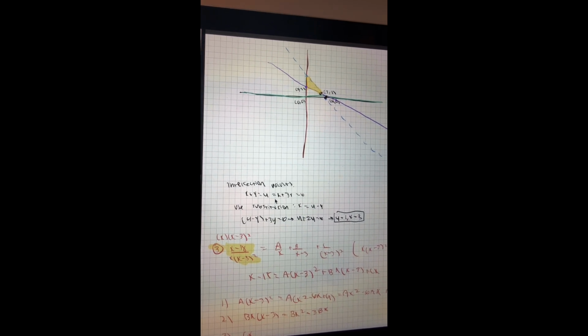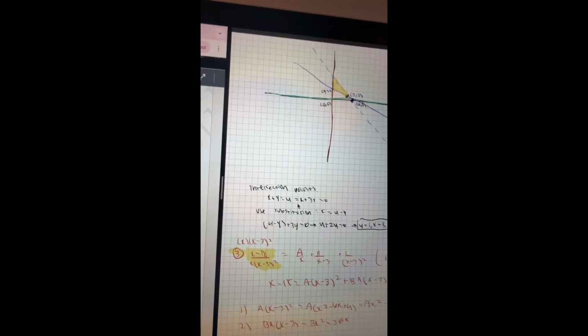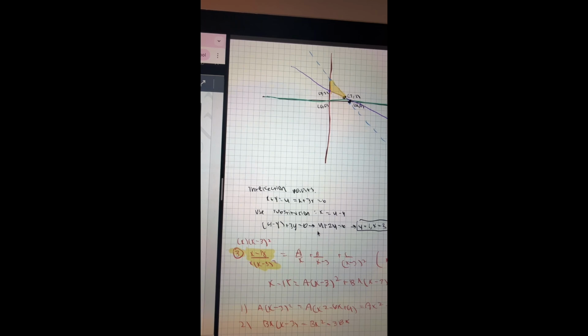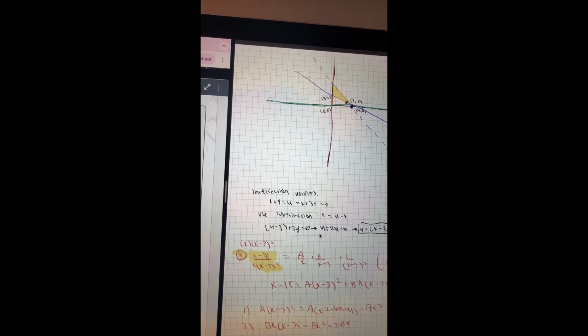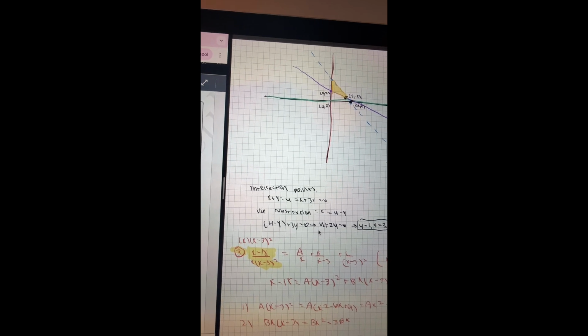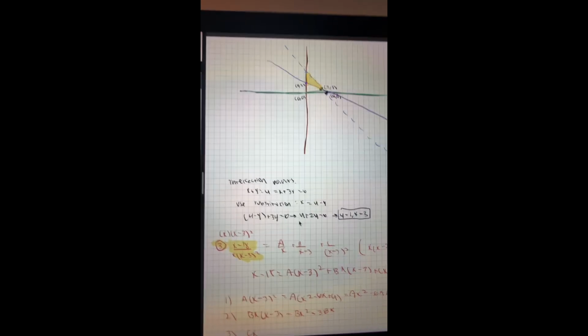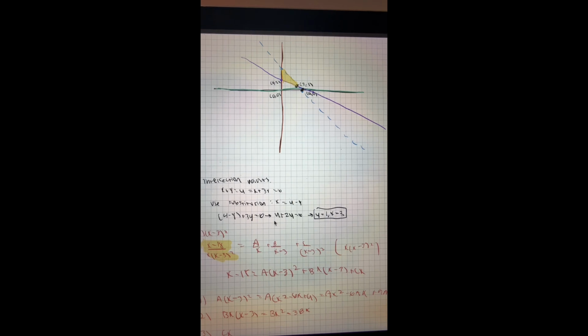And then you use substitution, and so you end up getting x equals 4 minus y, and then you just plug 4 minus y into the equation, so you get 4 minus y plus 3y equals 6, so 4 plus 2y equals 6, and you end up getting y equals 1 and x equals 3, which is why we have this intersection point.